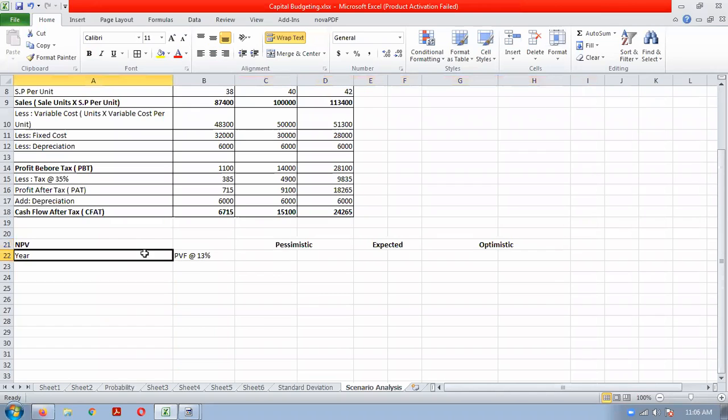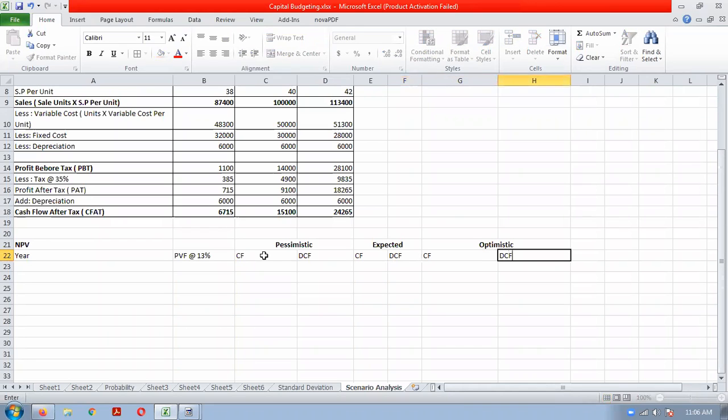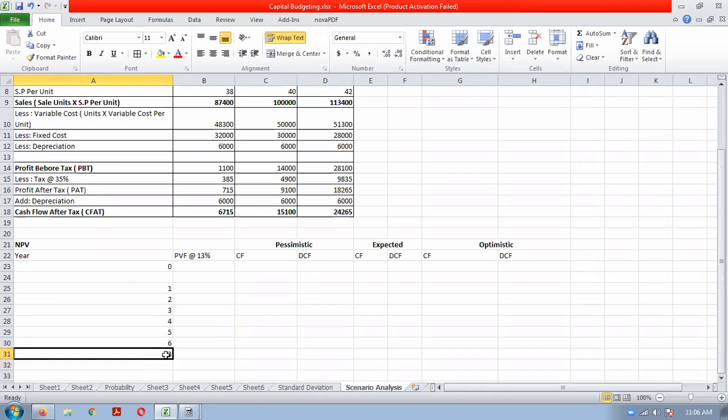Cash flow, discounted cash flow for each. Here, 0 is the initial investment, then 1, 2, 3, 4, 5, 6, 7. 7 years is the expected life of the project.